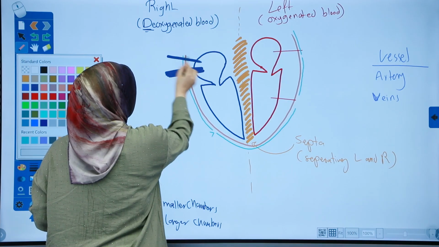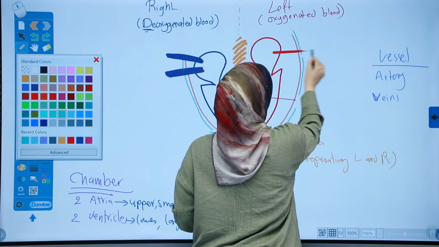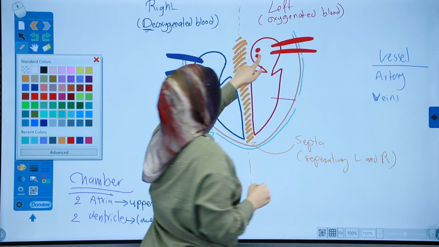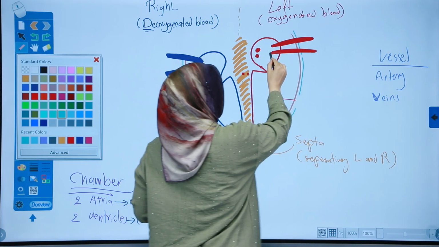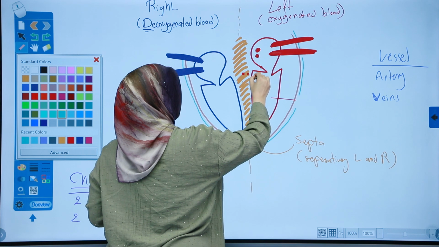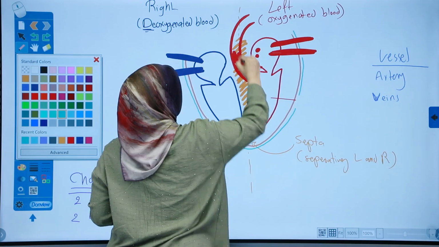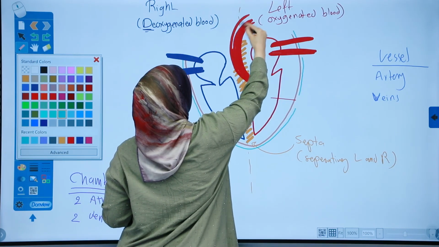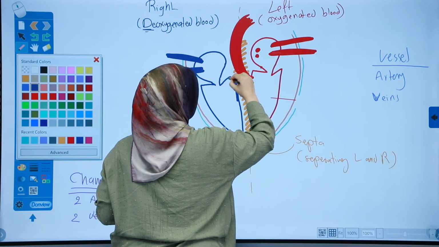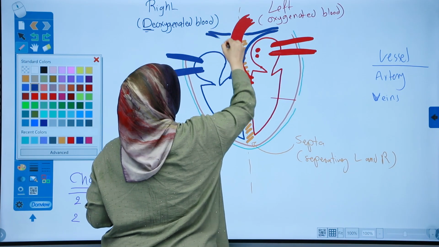Tamam? There are two of them. All right. On the other side, from the back, there are two more coming, but we can't see them. And then, of course, here, there will be another. And this has another vessel as well.